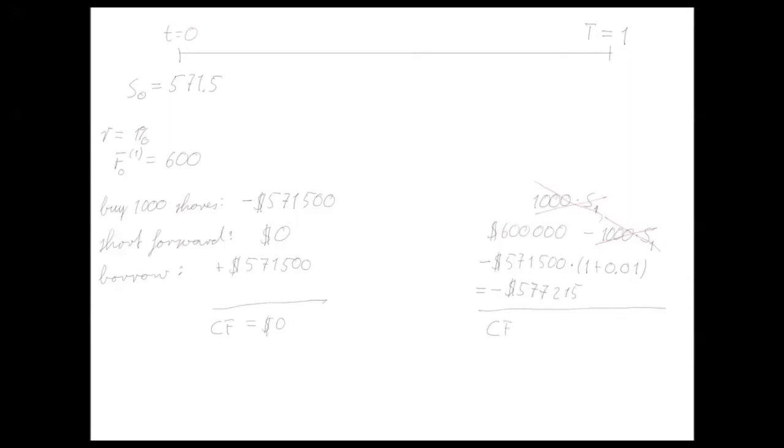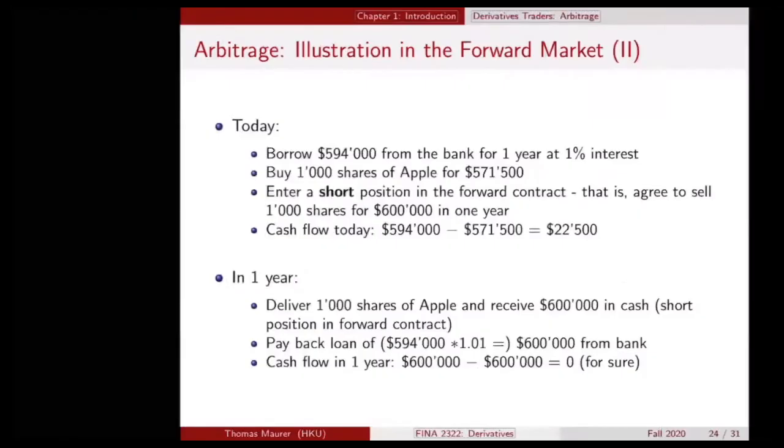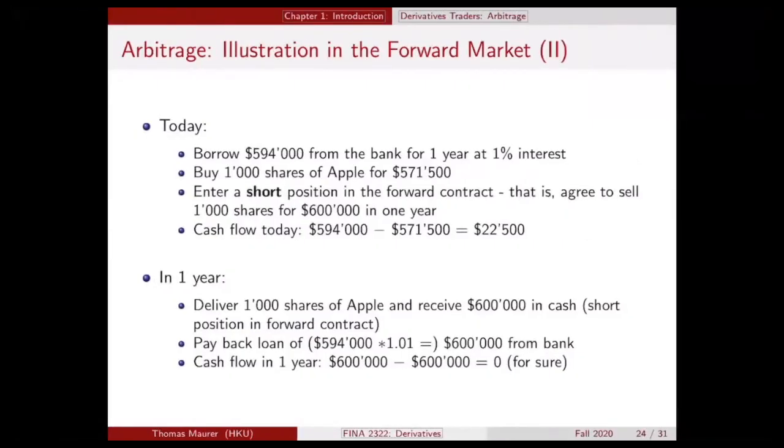And so the cash flow will be $22,785. Okay. Now this is an arbitrage. I have 0 cost today to enter that strategy, and I get for sure a payoff of $22,785 in the future.